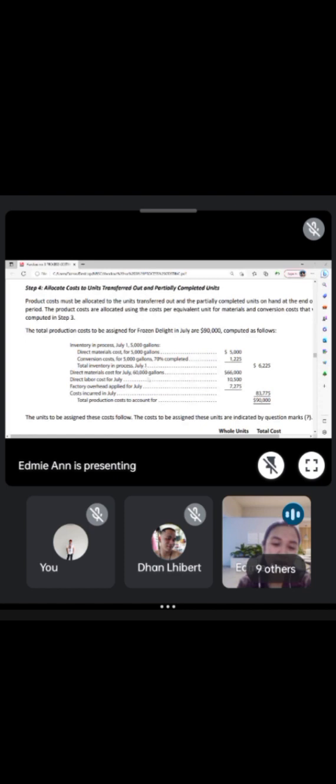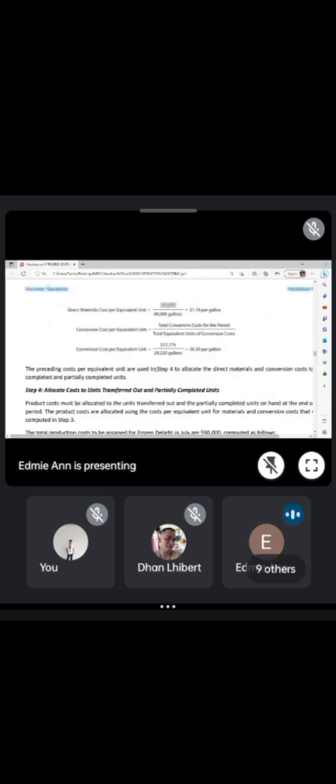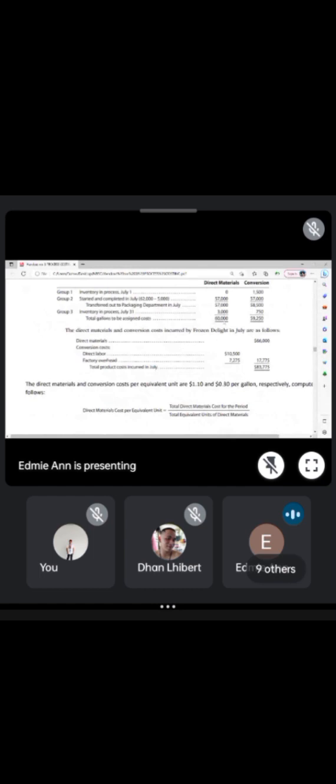Now, since materials are added at the beginning of the production, then it is safe to say nga 60,000 gallons ang assignan og direct materials cost. This is actually the EUP for direct materials. The equivalent units of production for direct materials, mao ni siya guys, kani 60,000. 57,000 nga gisugdan og nakompleto, 3,000 nga gisugdan og wala na kompleto.